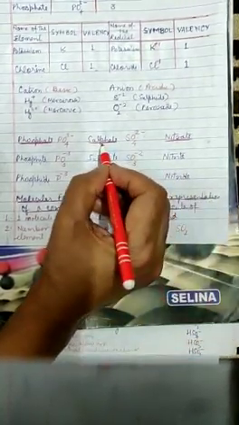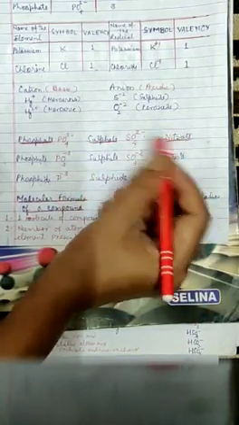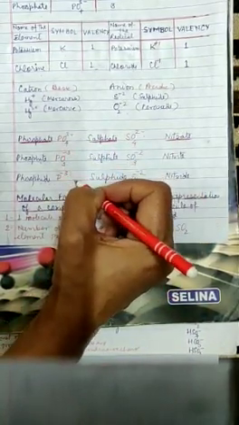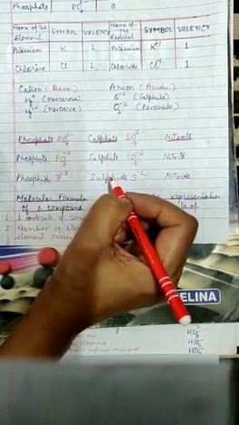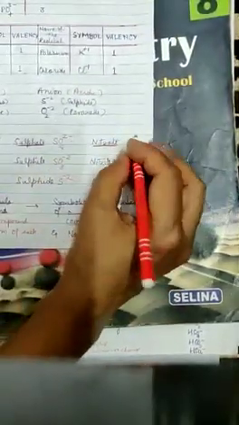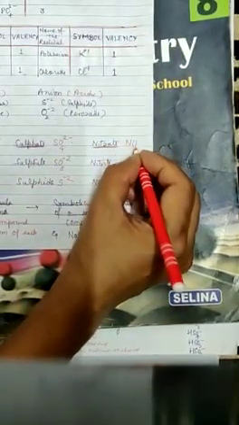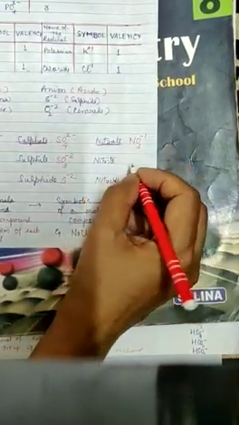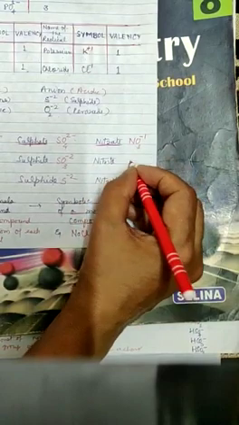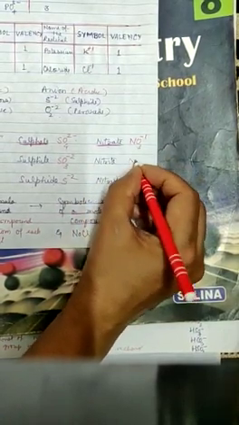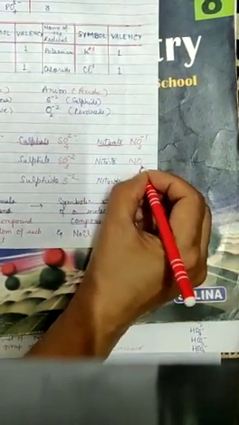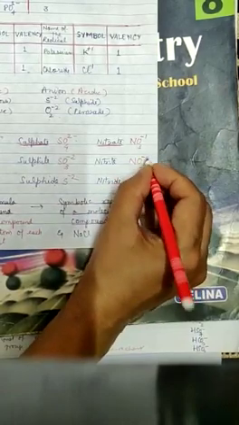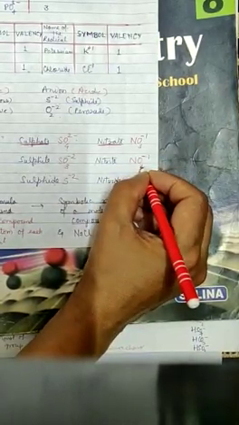You learn just the first one, sulfate or nitrate or phosphate, and the other two you frame on your own by this method. Let's have a look at nitrate. If you have learned that nitrate is NO3 -1, then in the same way for nitrite you need not learn. You just reduce 1 oxygen. So it will become NO2 -1. It's interesting, no?